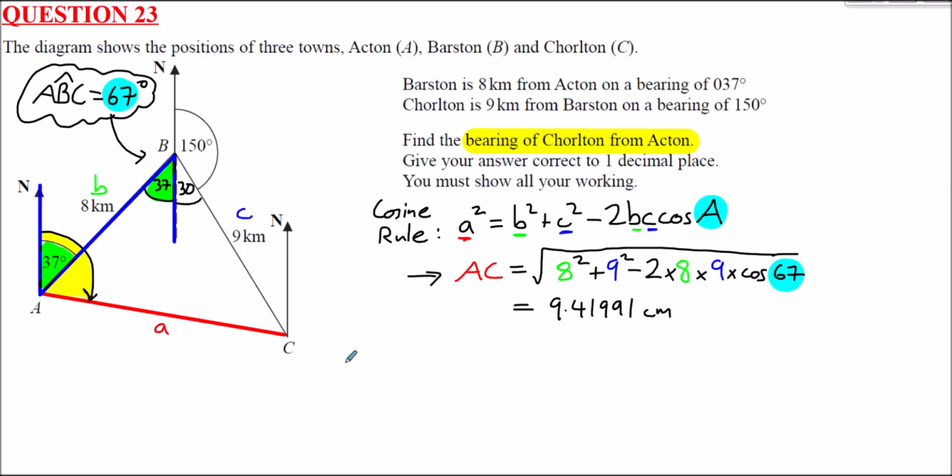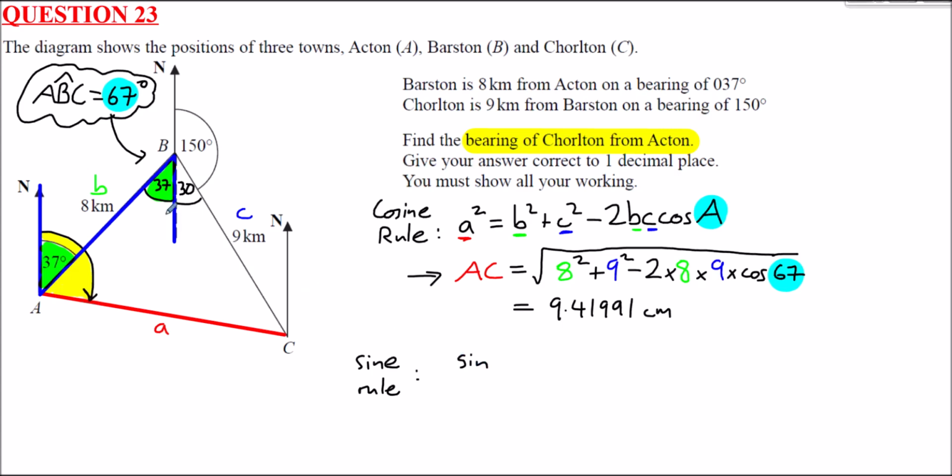So this is a tough question, hence why it's at the end. So the sine rule I could do with working out this angle at A. I know these sides might be confusing.